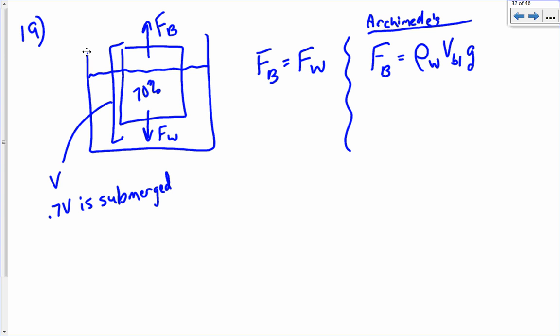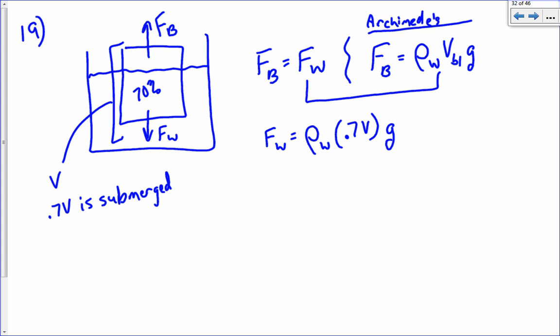So I can set these two equal and say that the weight is equal to the buoyant force. So force weight is equal to the density of water times 0.7 times the volume, that's the submerged volume, times G, because 70% of the volume is submerged.